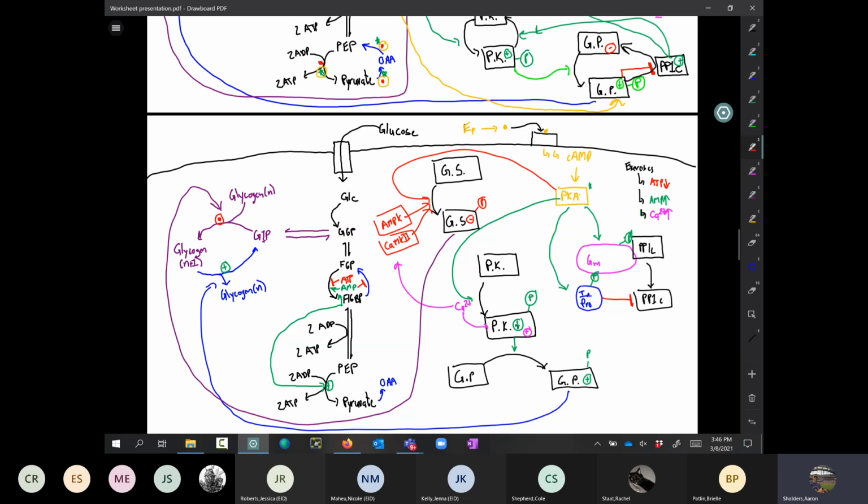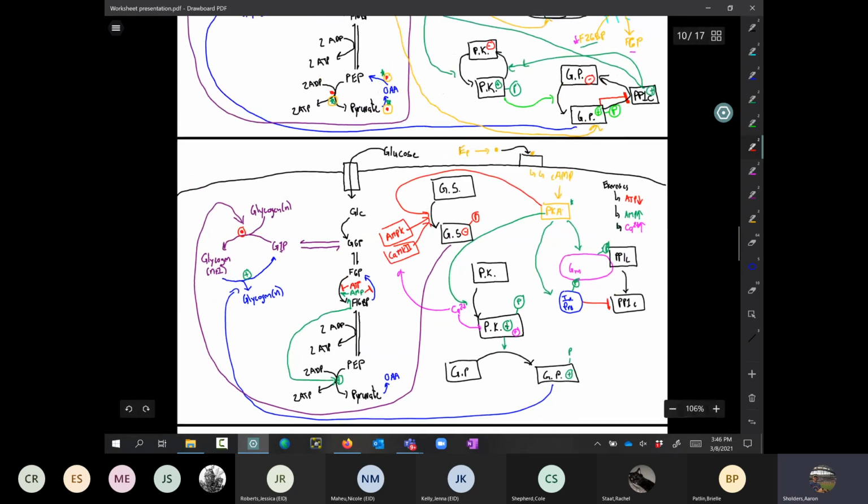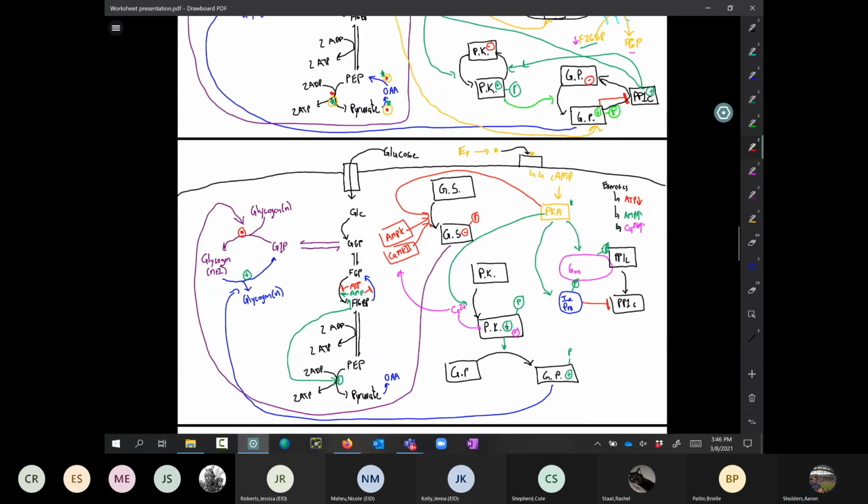So, I think that's a pretty good description of much of what we did in lecture 6, not all of it, but much of it. Don't forget that we talked about how insulin can be released from the pancreas. We went through that entire pathway.